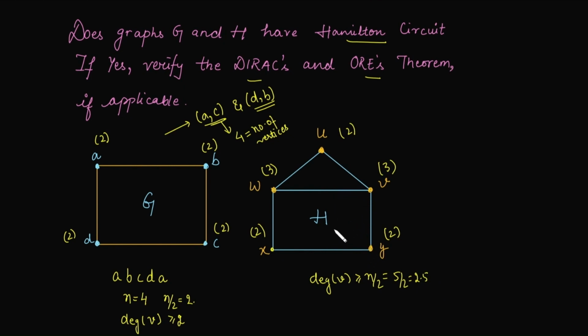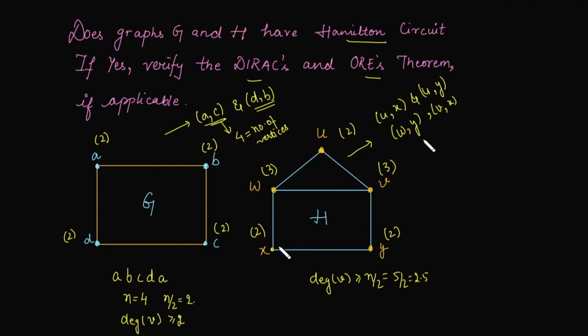Now what about Ore's theorem? Is Ore's theorem applicable in this case? First identify the non-adjacent pairs. U is adjacent with W and V, which means U is not adjacent with X and Y. Next, W is adjacent with U, V and X, so W is not adjacent with Y. V is adjacent with U, W and Y, but V is not adjacent with X, so V and X is a non-adjacent pair.